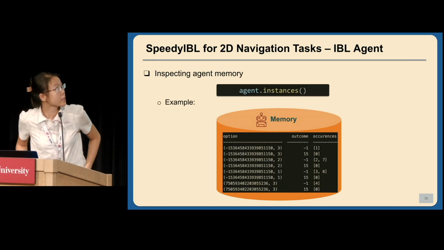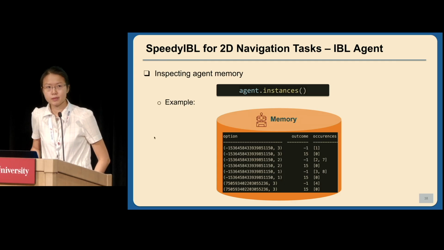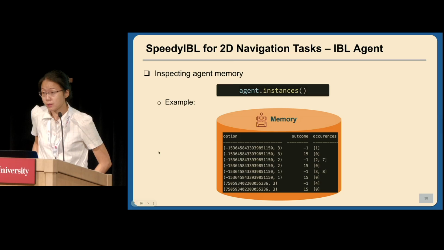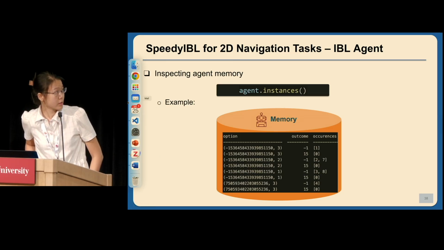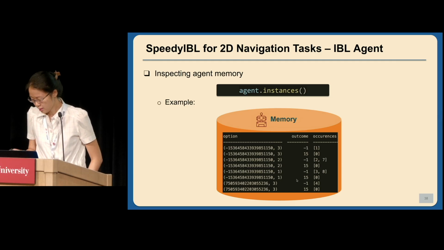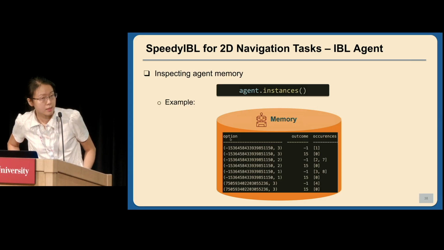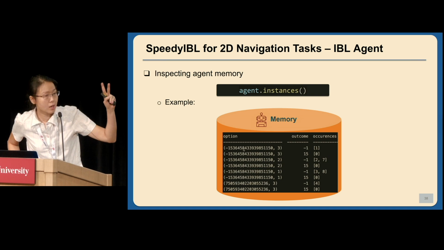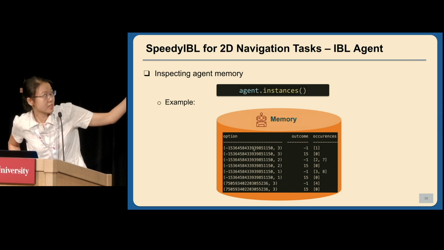Okay, so here is a brief walk-through. Do you see the helper functions to see what is in the agent? This is just a snapshot of the instances stored in the agent memory. Here you see the option. Like explained, there are two things. The first part is the situation.